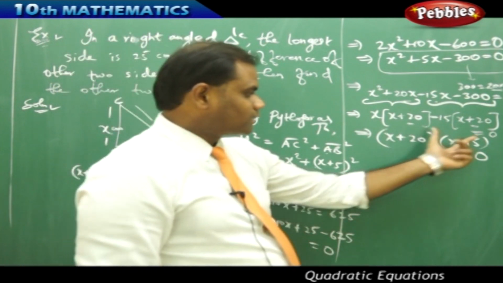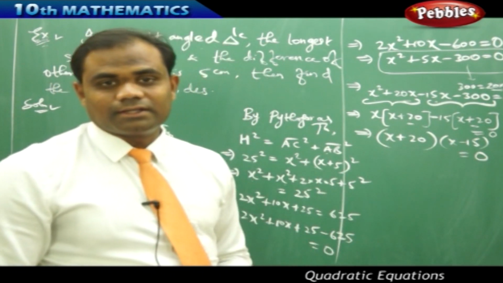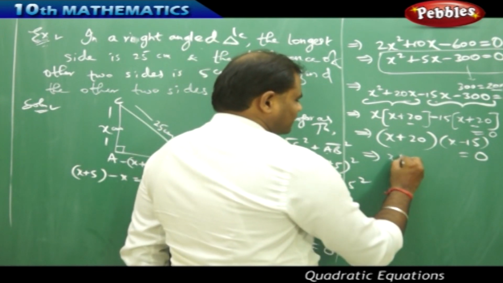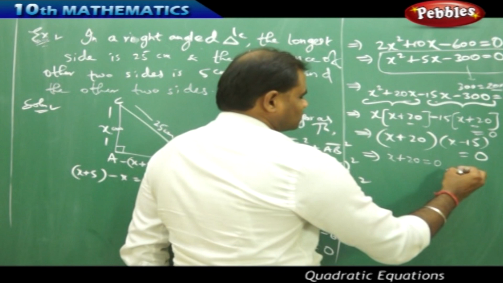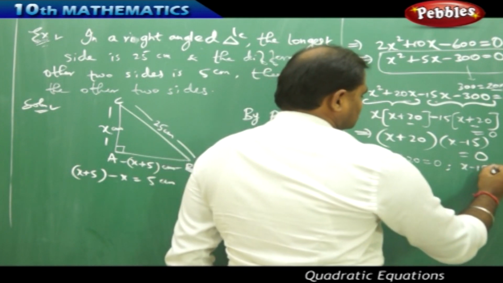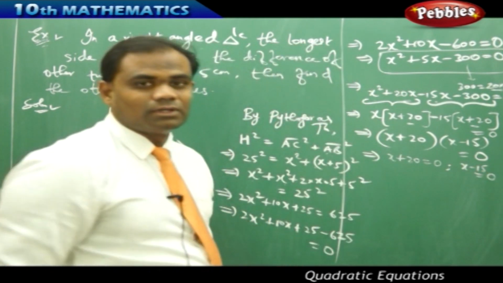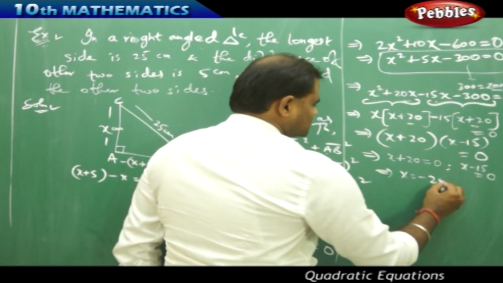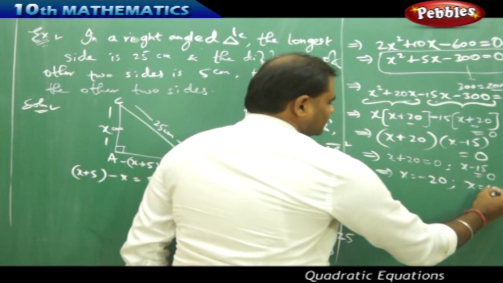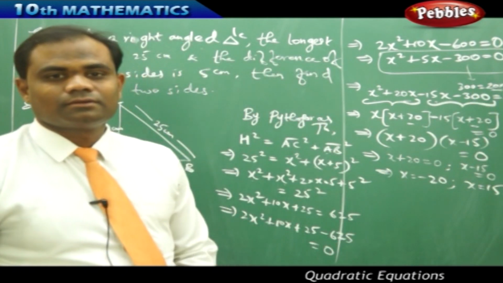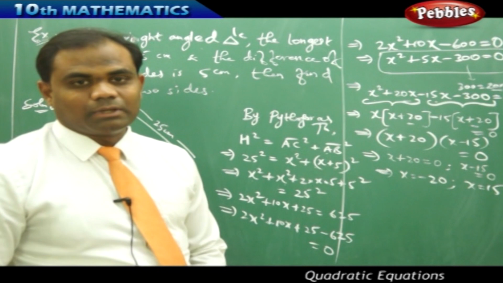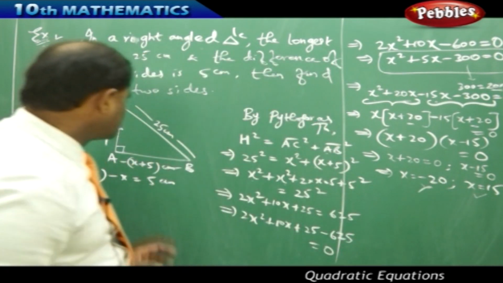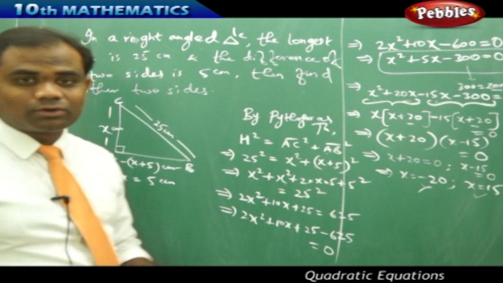When the product of two factors is 0, each of the factors is assumed to be 0, which implies factor 1 equal to 0 and factor 2 equal to 0. And then this gives me x equals negative 20 and x equals 15. But I don't include the negative solution, because x is the length of the side, which cannot be negative.